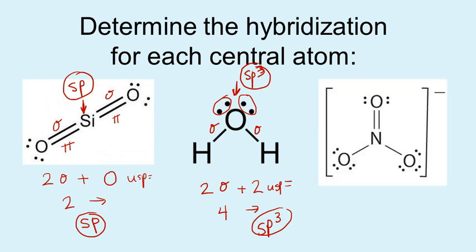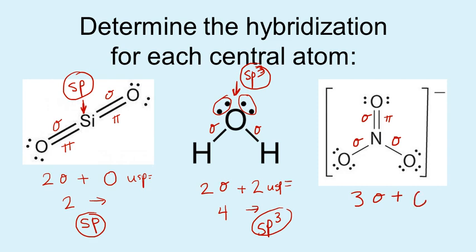Now, here's a third example. And this is a polyatomic ion that we drew the Lewis structure of in a previous lecture. We have the nitrate ion, NO3, with a negative charge. And we might remember that every single bond is a sigma bond, and so we have a couple sigma bonds here. There's a double bond, that's a sigma and a pi. And so we have 3 sigma bonds here. There are no unshared pairs on the central atom. The unshared pairs are on other atoms, but not on the central atom.